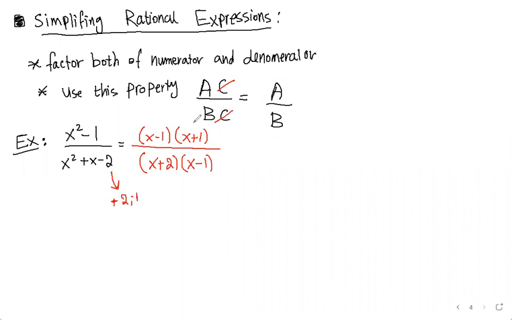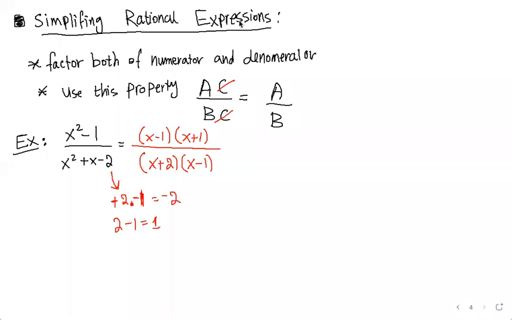Their multiplication gives me minus 2, and their sum gives me 1. 2 minus 1 gives me 1, and 2 times minus 1 gives me minus 2. So they are x plus 2 and x minus 1.